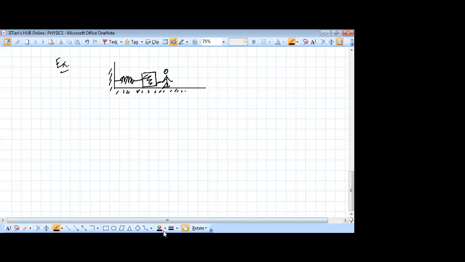The person is pushing the block with a force F. So the person will experience an equal and opposite force.